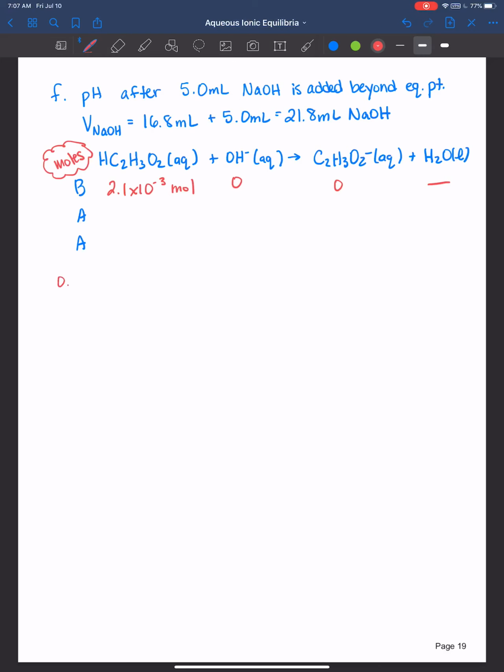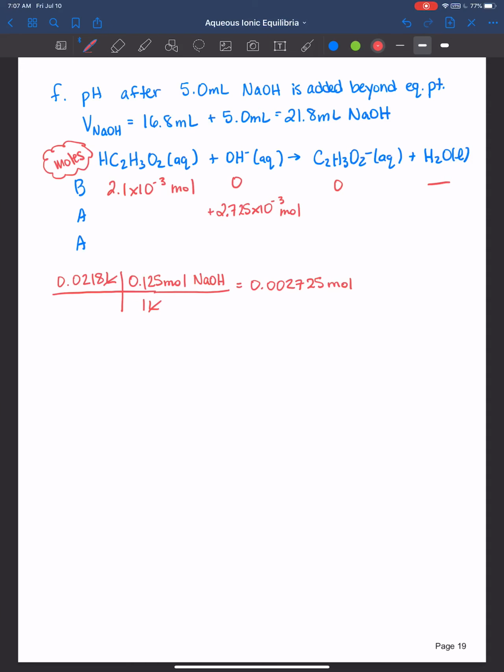We have 0.0218 liters that we're adding. And then it's 0.125 moles of sodium hydroxide per liter, so liters cancels out. So we're adding from our burette 0.02725 moles, or 2.725 times 10 to the negative third moles.